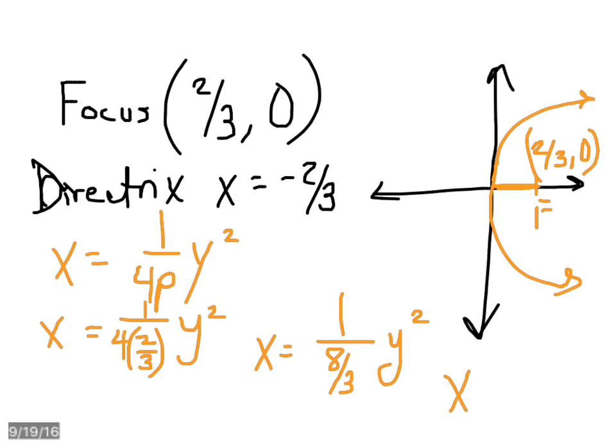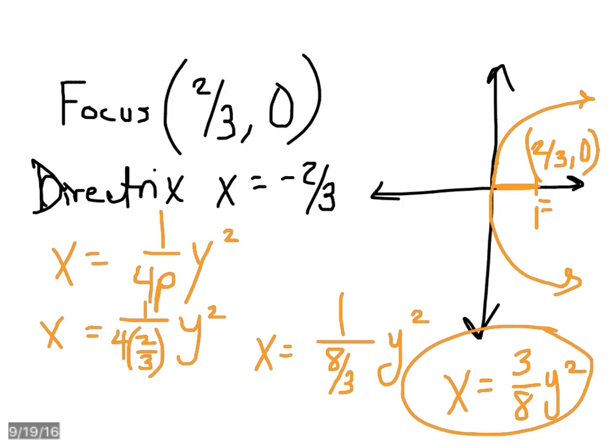So my final answer is x equals 3/8 y squared. And you're done. Now, realistically, most of the problems are not fractions. So a lot of times all you've got to do is plug whatever that distance is in for p and simplify it. You take 4 times whatever that distance is. I went to the right with this one because it opens to the right. Now, I'll give you another one.